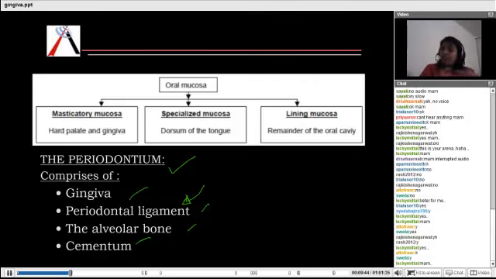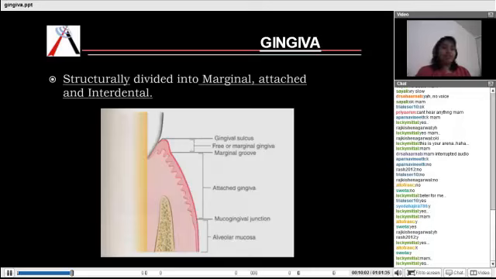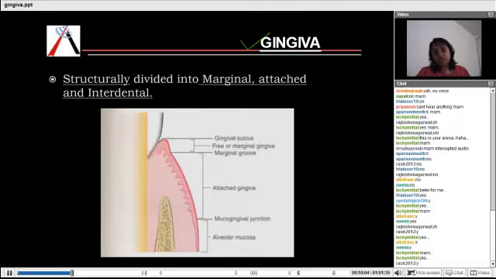The term periodontium includes all of these: the gingiva, the PDL, the bone and the cementum. The whole apparatus is called the periodontium. That is one thing you have to notice when it comes in a sentence as MCQs, although it's not much significant. Let's move on to gingiva.